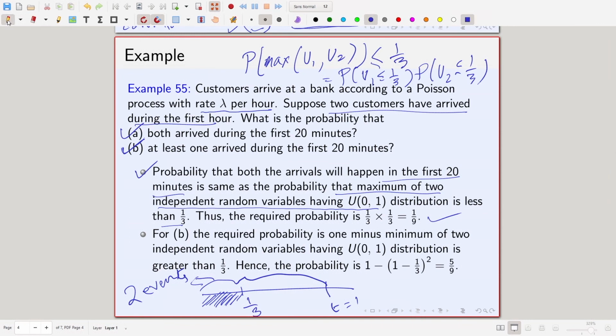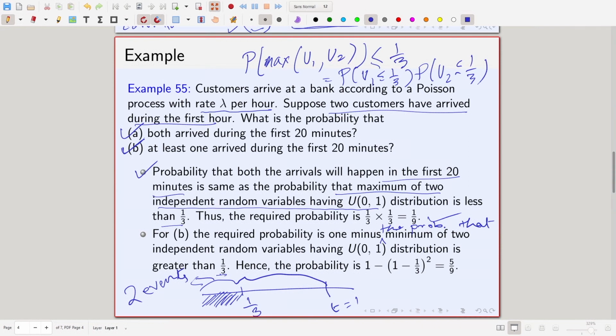that the minimum of 2 independent random variables having uniform 0 1 distribution is greater than 1 by 3.